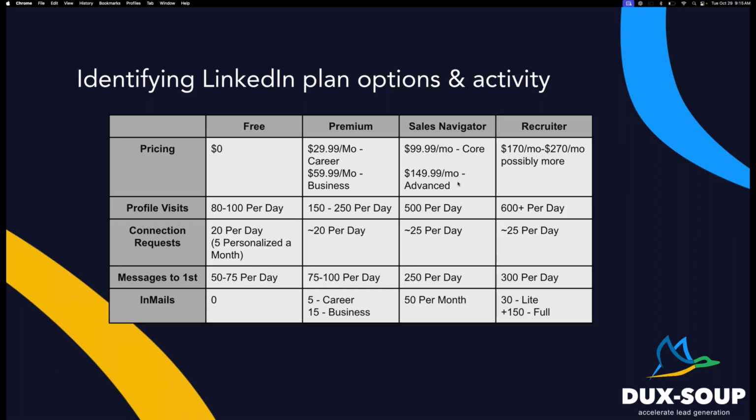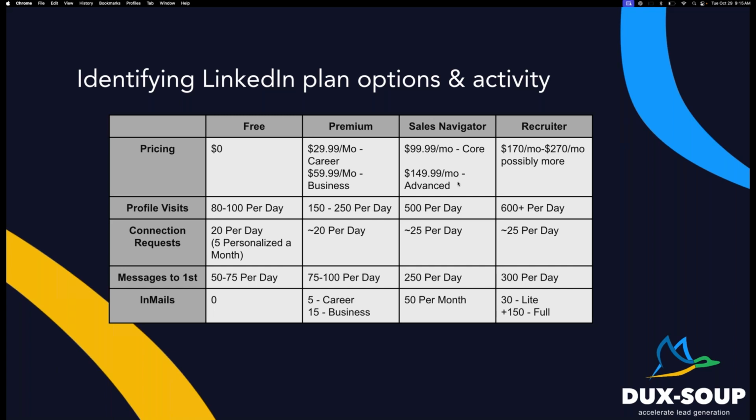This is also the default number that we have inside of the options by default inside of Dux-Soup. So when you download Dux-Soup for the first time and use the free trial, you'll see that it's set to 25 per day. That is under the assumption that you have some sort of a paid version of LinkedIn, like Premium or Sales Navigator, to do so.